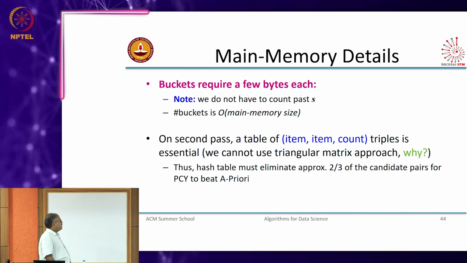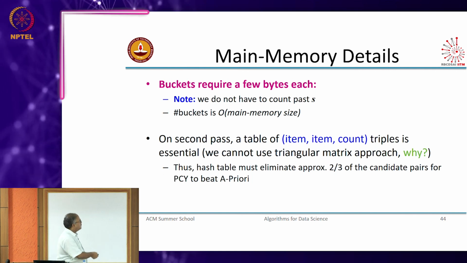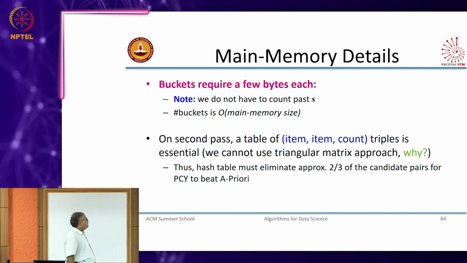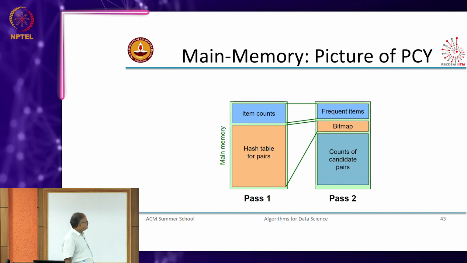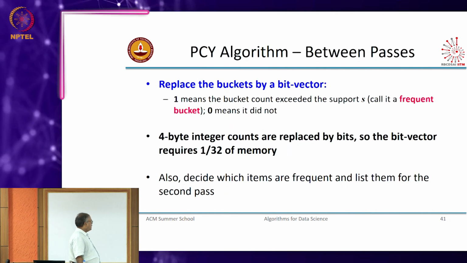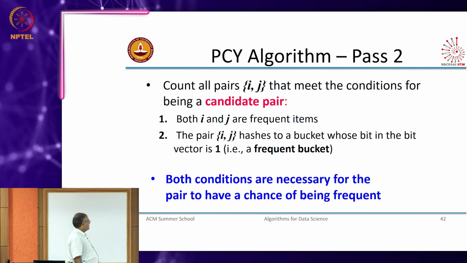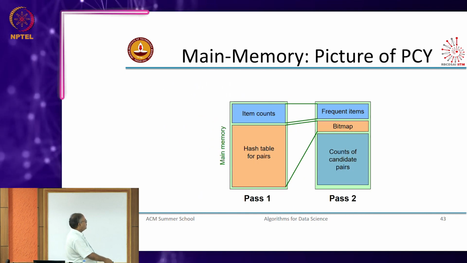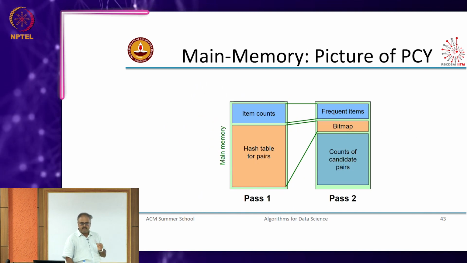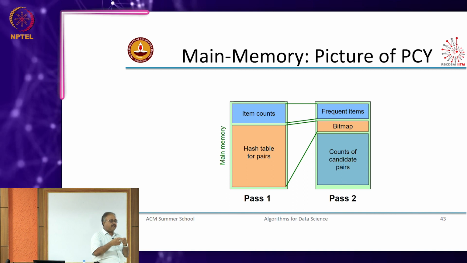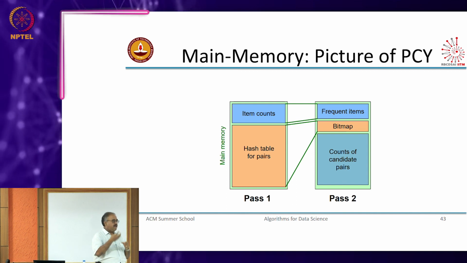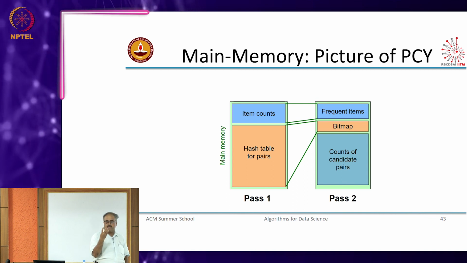We can do more efficiency. So what is it that we are talking about here? Yeah, this one, right. So what does this hash table do? For each pair of elements it has a bucket, and the bucket has to hold a count, right. I said you need 4 bytes for the count, right.